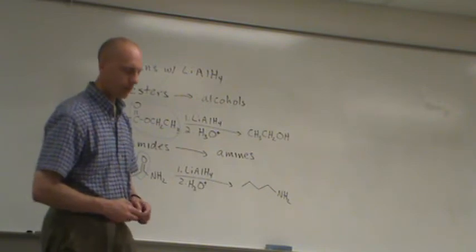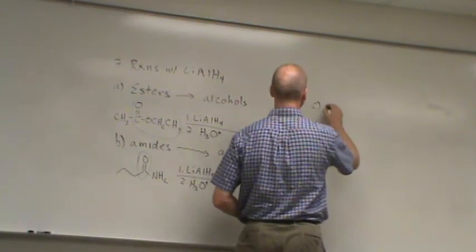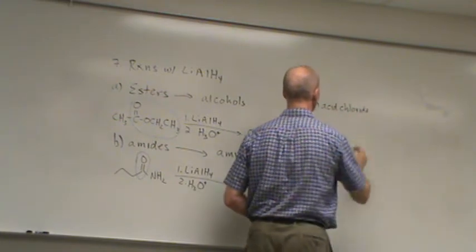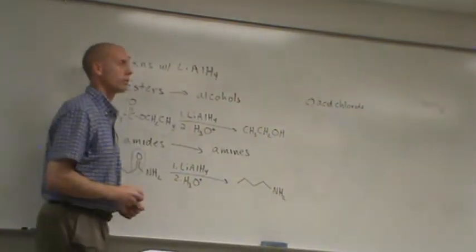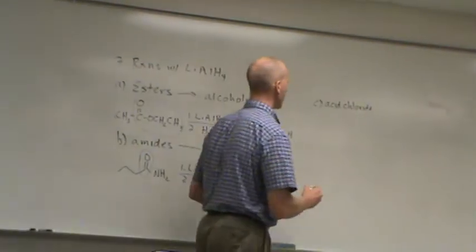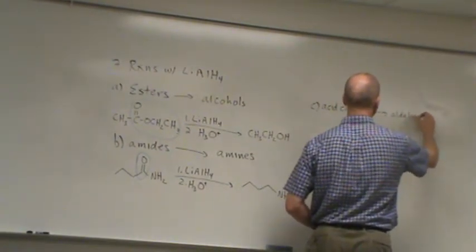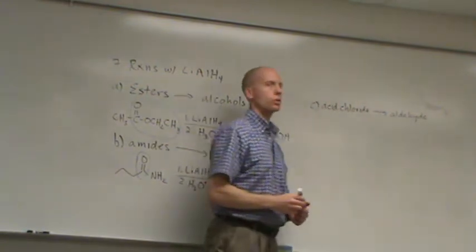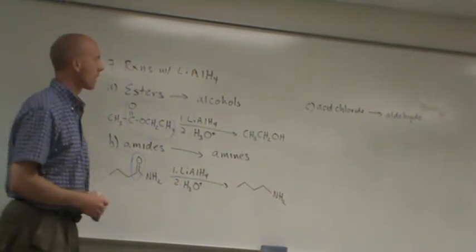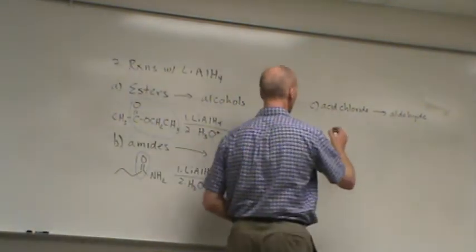Let's go to the third reaction, and that's the reduction of an acid chloride. The acid chloride gets reduced to the aldehyde. So let's take a look at an example.